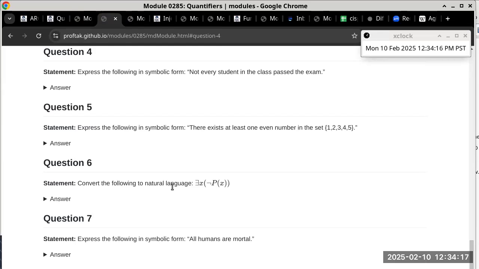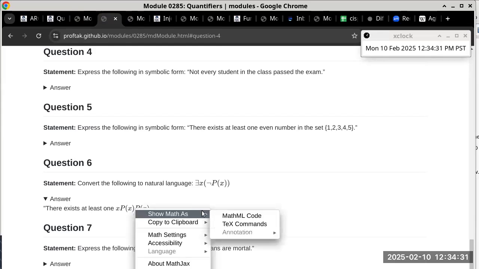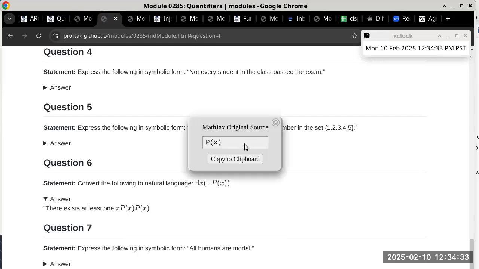Well, we don't know what P is, but if you look at the answer, it says there's at least one X such that P of X is not true. I don't know why it is formatted like this. I think it's a formatting error. Let me look at the tag command here.